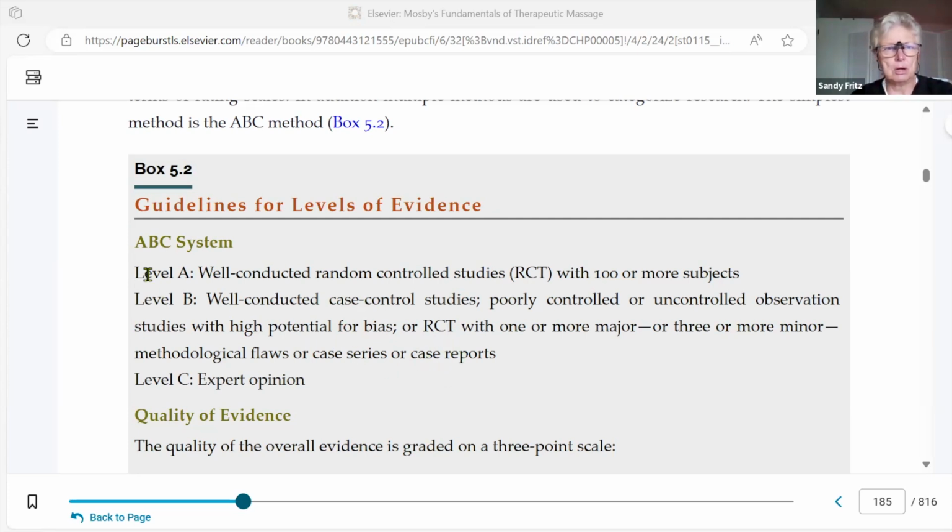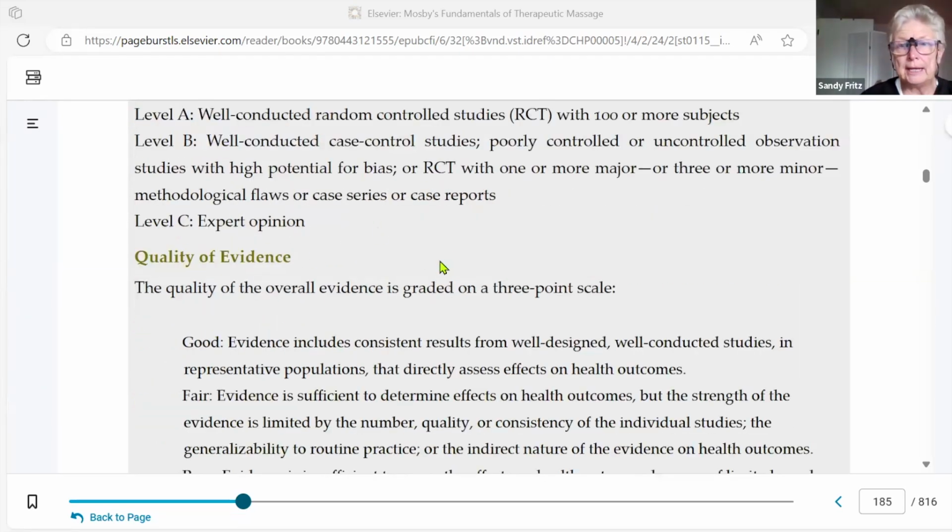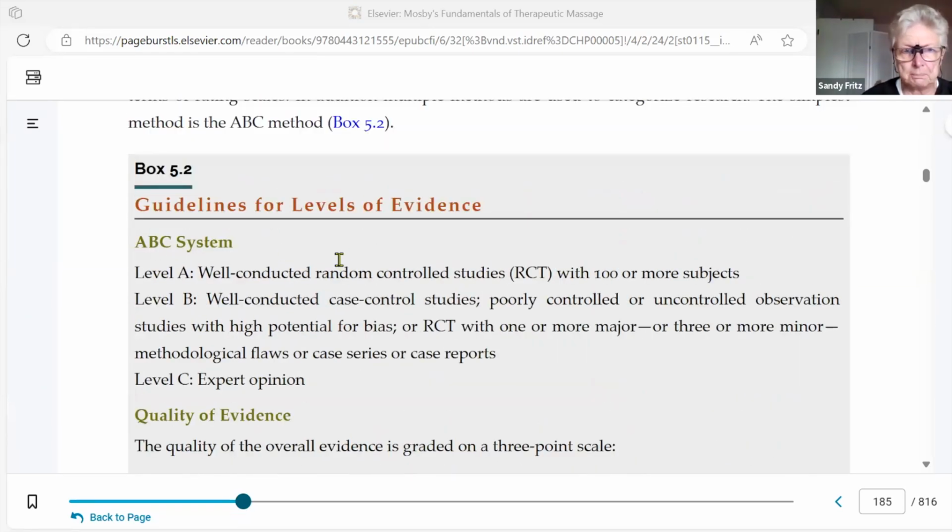And so a level A, this is one that has gone through a lot of rigor in its development. So it's a well-conducted randomized controlled study with 100 or more participants.